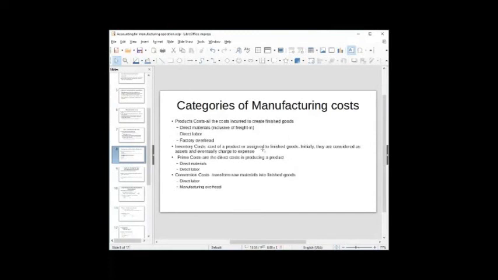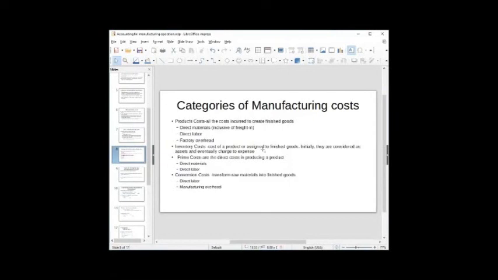So you have that inventory of your direct materials. Initially this is an asset, but as you use that, this can now become part of the expense in the cost of goods sold.